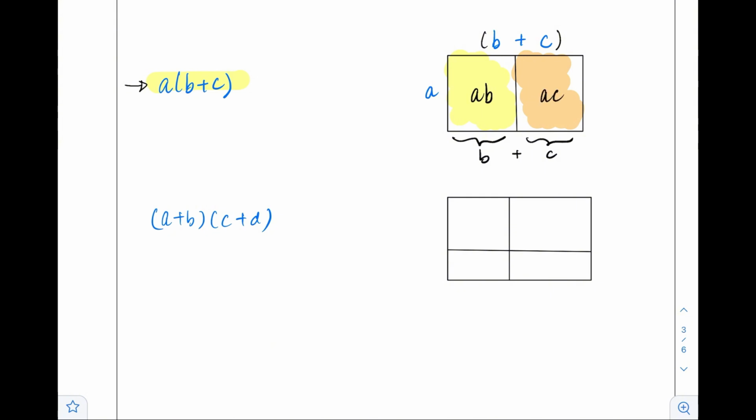So the area is ac. So the total area, which is actually given by a times (b plus c), the length times breadth, is equal to the area of the 2 parts, ab plus ac. So I can find the expansion by thinking of the area model.